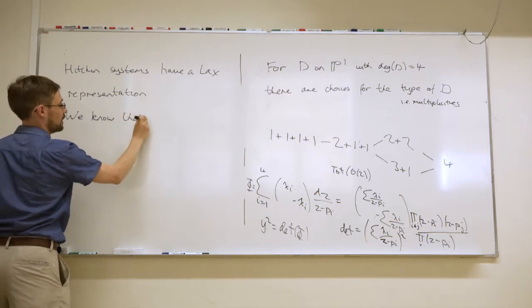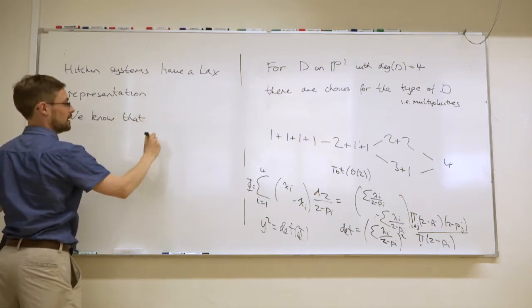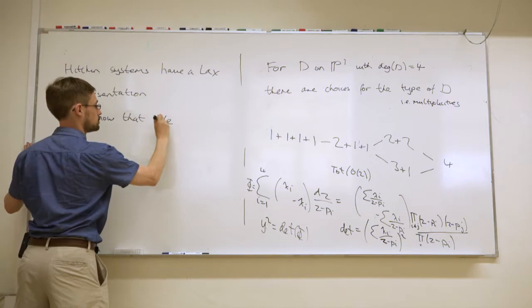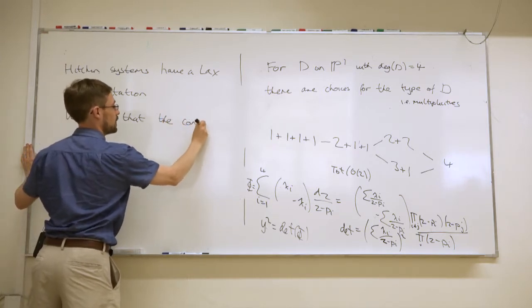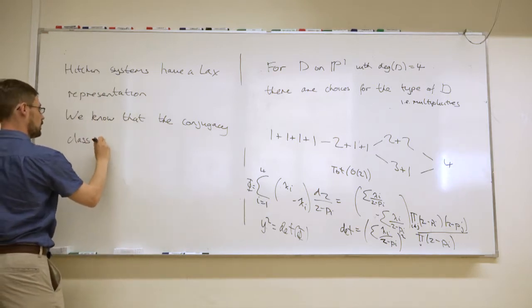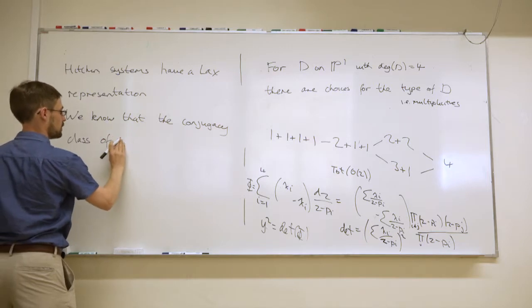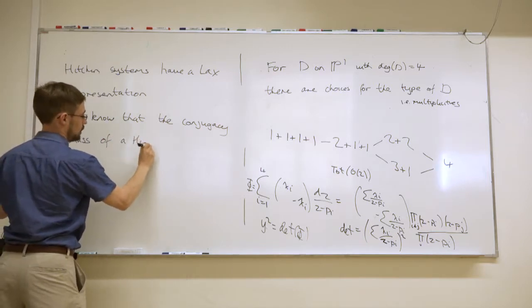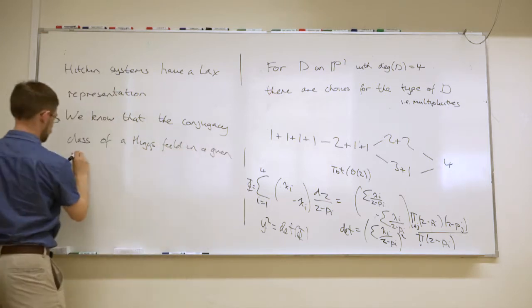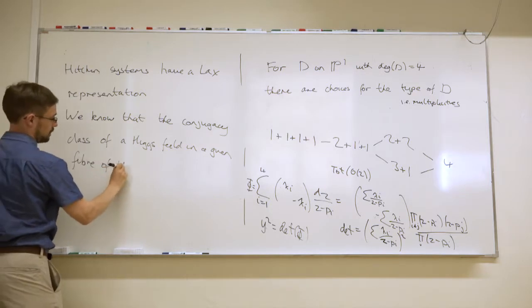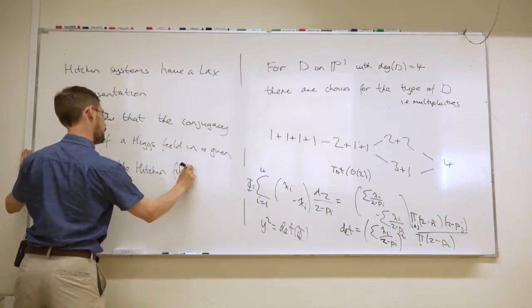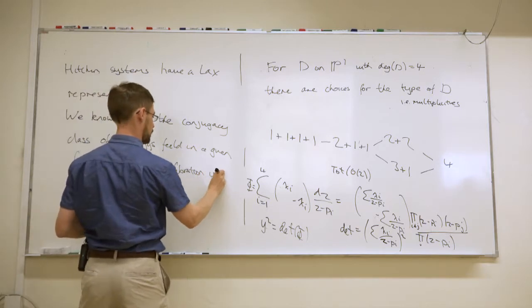We know that the conjugacy class of a Higgs field in a given fiber of the Hitchin fibration is constant.